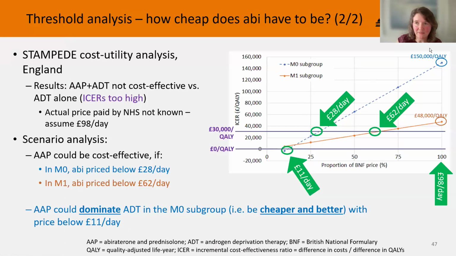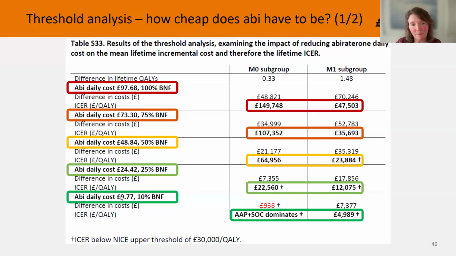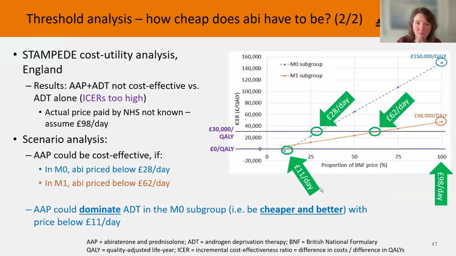This is a graph showing exactly the same thing, and I've just drawn straight lines here to show that you get to £11 a day, so this was just under £10 a day for the abiraterone costs, in the non-metastatic subgroup being cost saving. So still giving you more QALYs, but giving you lower costs. And it hit the zero mark at £11 a day.